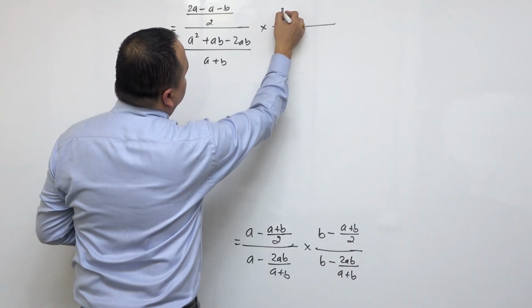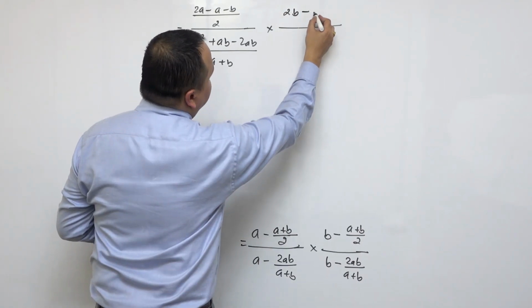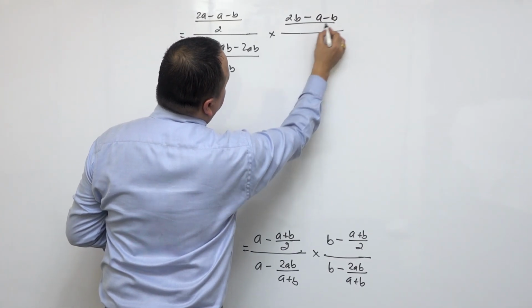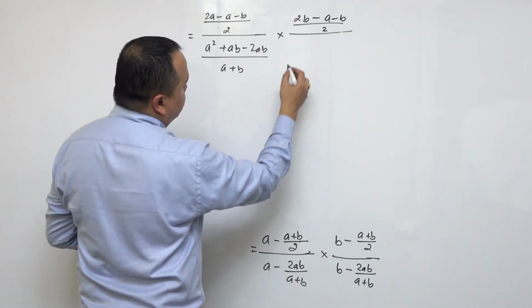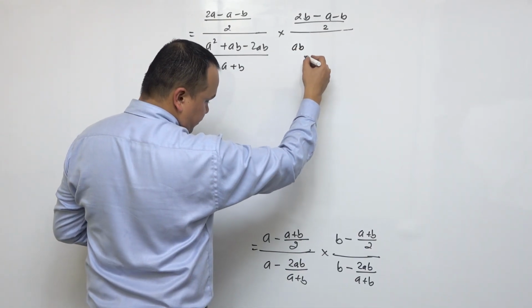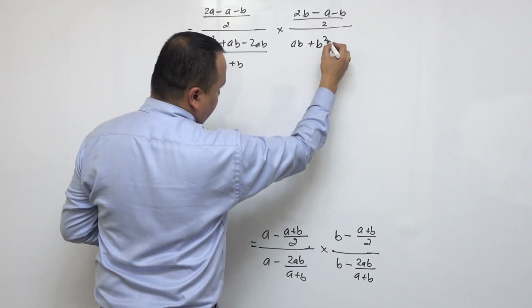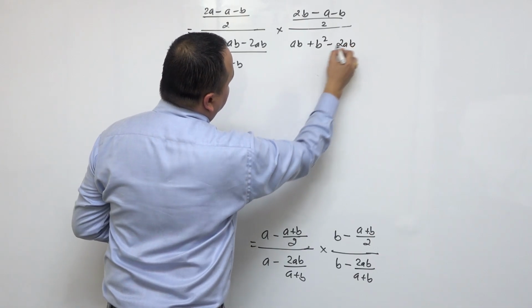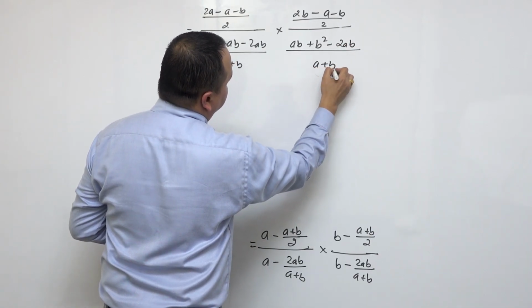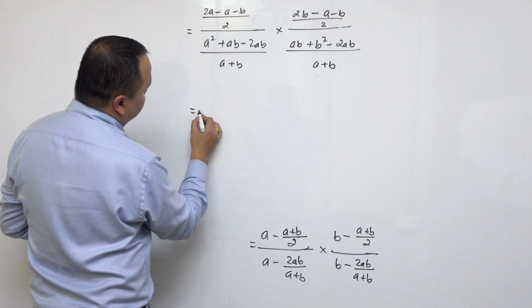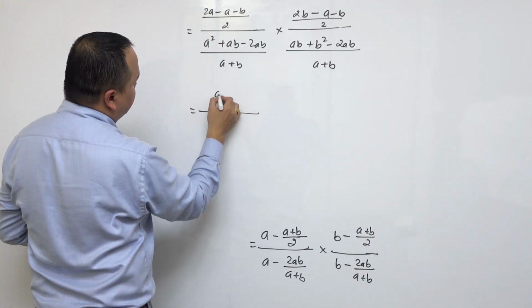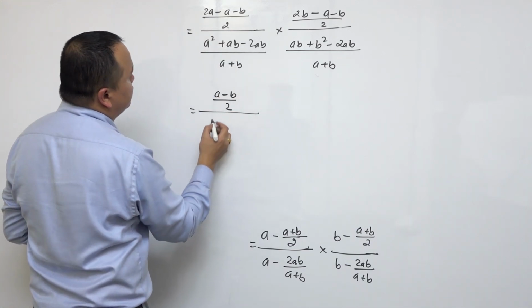2b minus a minus b divided by 2, ab plus b square minus 2ab upon a plus b. This is equal to, here 2a minus a, just a minus b divided by 2.